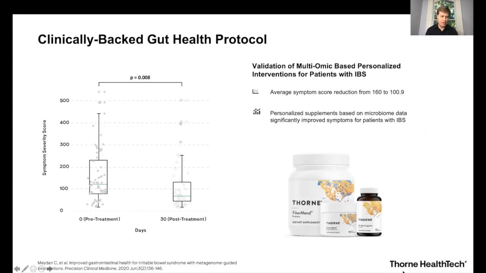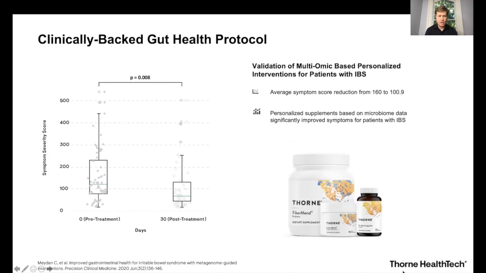This is one example. I'll be very brief here. It's published in Precision Clinical Medicine. A lot of this is based around the science from one of our co-founders, Chris Mason, as well as some of the background that I have in microbiome research from ISB. Here we do a clinically backed gut health protocol.